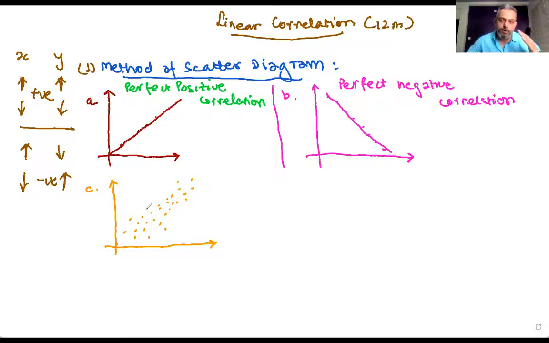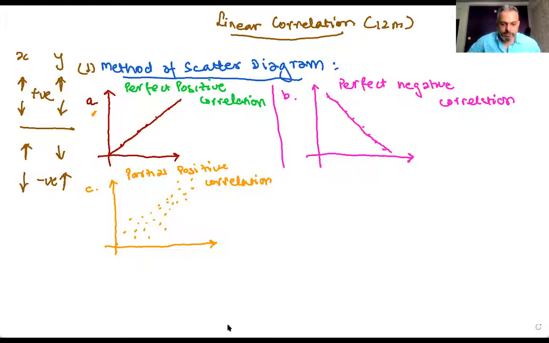So यहाँ पे you can see the trend is positive, it is moving upward, but we are not able to draw a straight line like diagram A. So this is known as partial positive correlation.